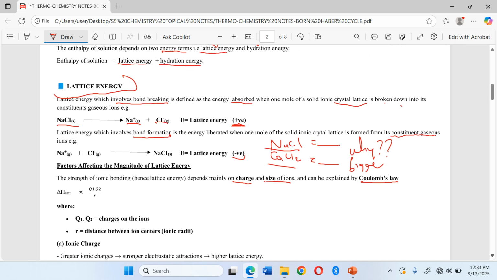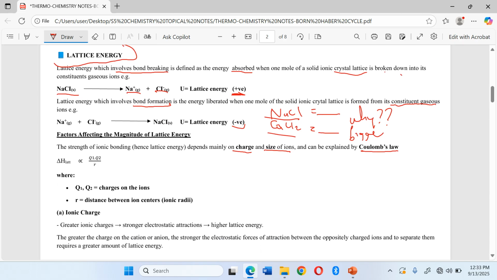Coulomb's law says that the enthalpy of lattice, the change in lattice enthalpy, is directly proportional to Q1, the charge on the first ion, times Q2, the charge on the second ion, over R. R is the distance between the ion centers, or the ionic radius.